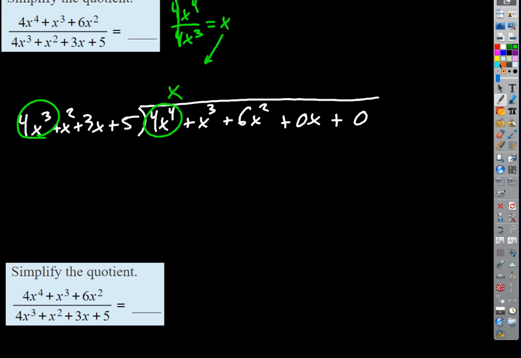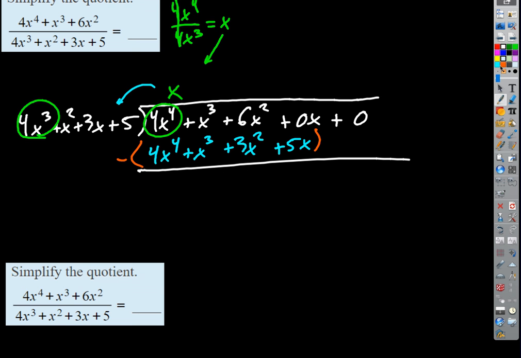If I distribute that through, what do I get? That's easy. If I multiply something by x, what am I just doing to all the powers? Making them one bigger. Good. So I'm just going to get 4x to the fourth plus x cubed plus 3x squared plus 5x. And I'm going to subtract the whole thing.